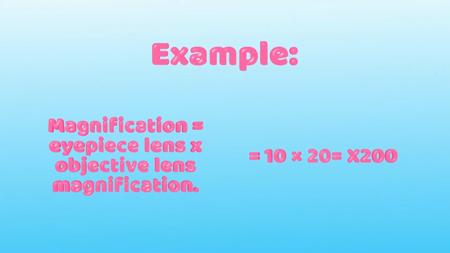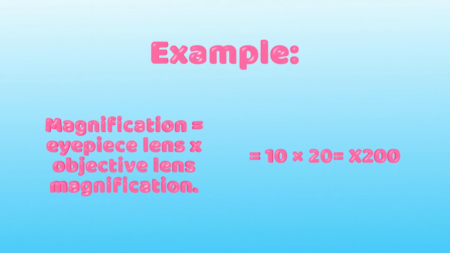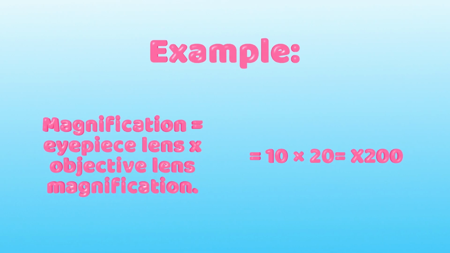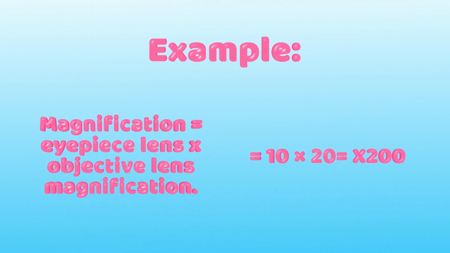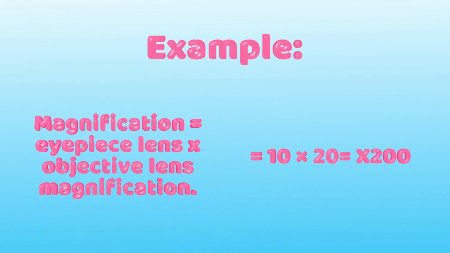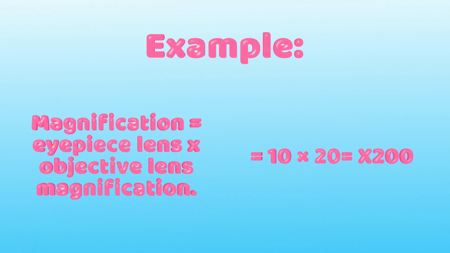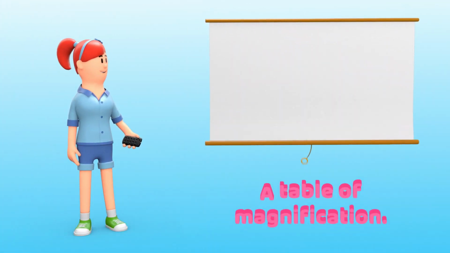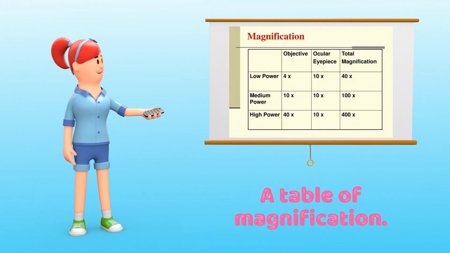For instance, here we have magnification is equal to eyepiece lens, which is 10 times, objective lens, which is 20. So the magnification will be 200 times. As we see here, we have a table of magnification.